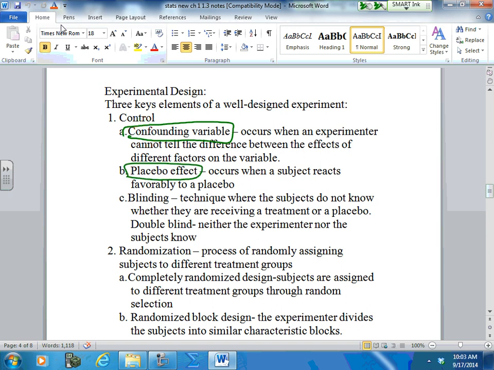A placebo effect. We talked about this the other day. A placebo effect is very common. It's like a psychological thing. If you're giving me an energy drink and you're telling me that I'm going to be more energized throughout my day, I'm not going to hit that lull around 3 o'clock in the afternoon. At 3 o'clock, I'm going to feel pretty good because I think I'm drinking this energy drink, when in fact, I'm not.